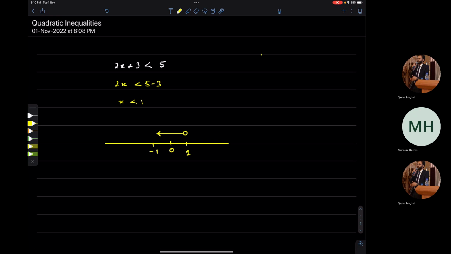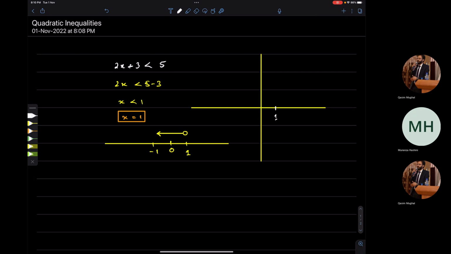If I try representing the same information on a graph and grid, then first of all, I need to know the associated equation of this inequality. I'm going to put it down here. So it's x equals 1. So the graph of x equals 1 is a vertical line passing through 1 on the x-axis.